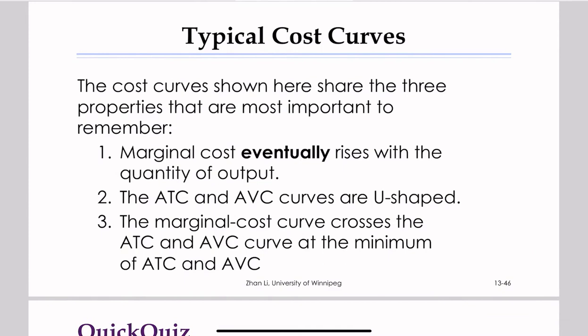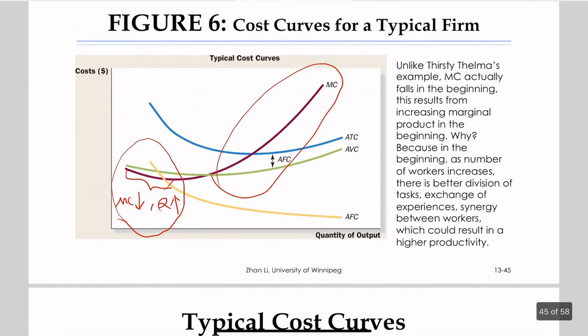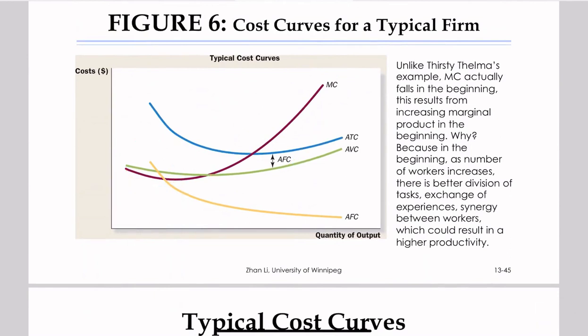Okay, now let's summarize what we have learned about these different types of curves. So first, marginal cost will eventually increase as you increase the quantity of output. And second, the ATC curve and AVC curves are U-shaped. Right? So if you look at this typical firm's cost curves, you can see that both the ATC curve and the AVC curve, these two curves, are U-shaped.